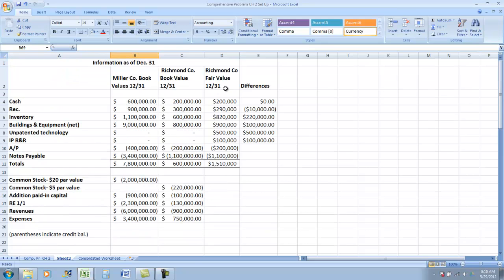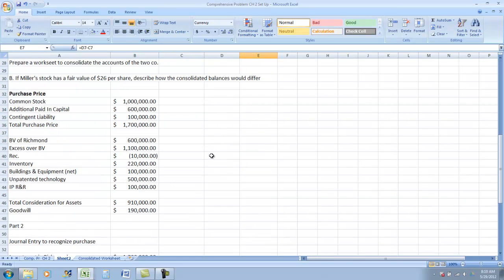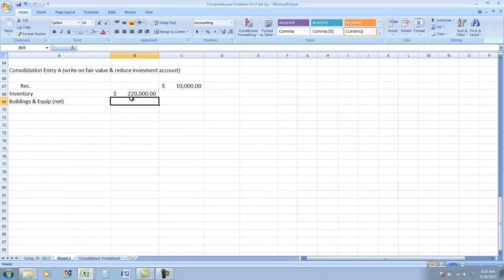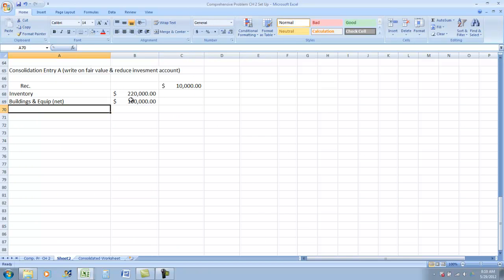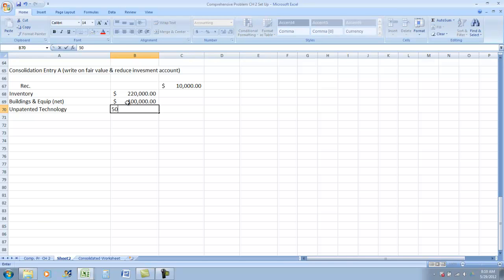Building and equipment was 100. And patents and technology, 500.